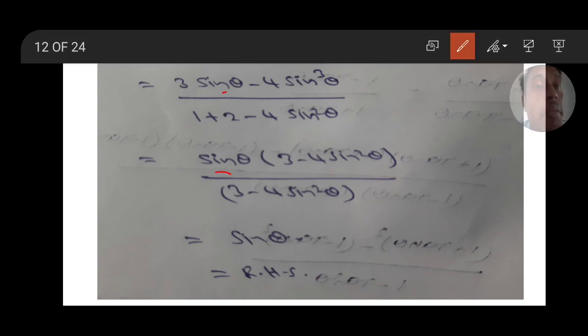Taking sin theta common, we get 3 minus 4 sin square theta. And 1 plus 2 is 3, so 3 minus 4 sin square theta. This 3 minus 4 sin square theta cancels out, and we get sin theta, that is the RHS.